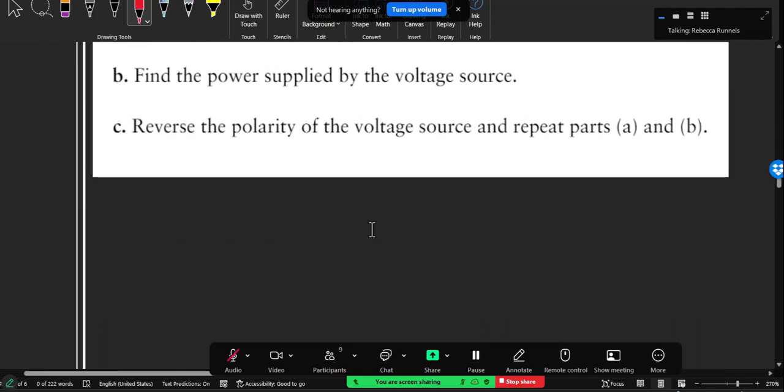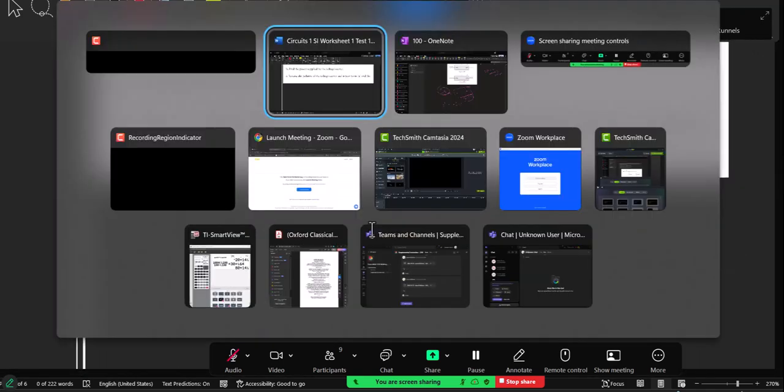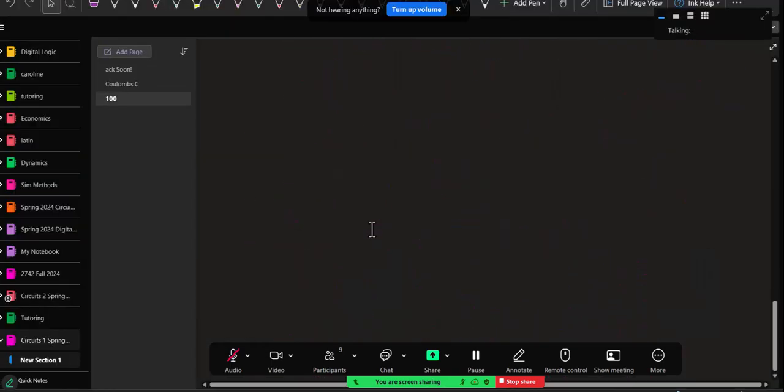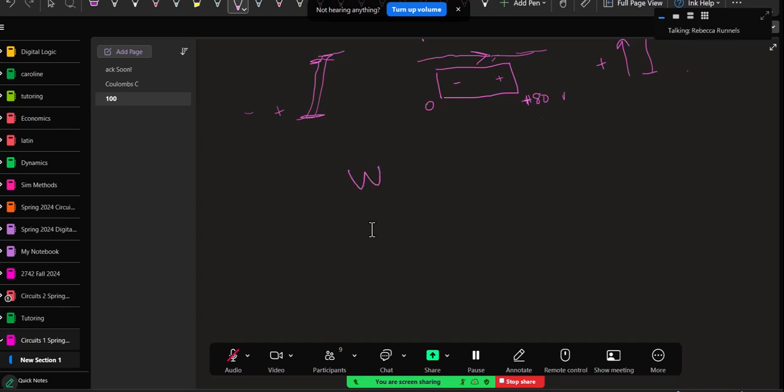Let's talk about kilowatt hours. A watt is a joule per second, but you will often deal with kilowatt hours.